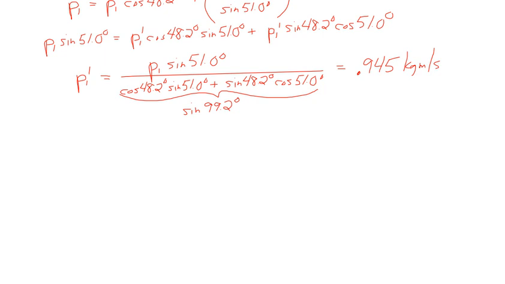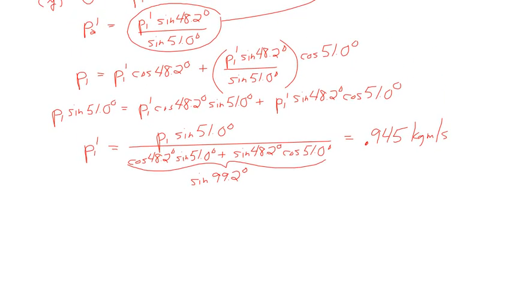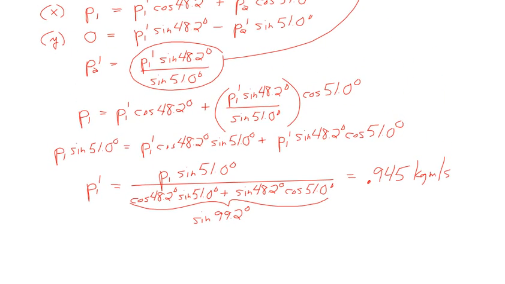Okay. So now, once you know that number, the next three are easy. That was the time-consuming one. Now all you have to do is go back up here and see where we have P2 prime equal P1 prime times that. We just solved for this, so now I just have to plug in that number that I just got, and I'll get P2 prime.